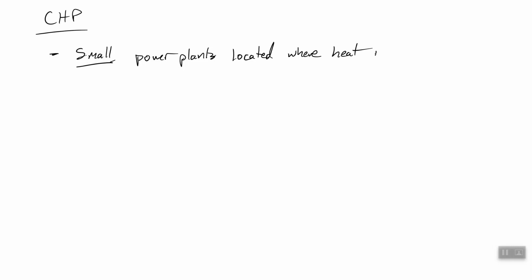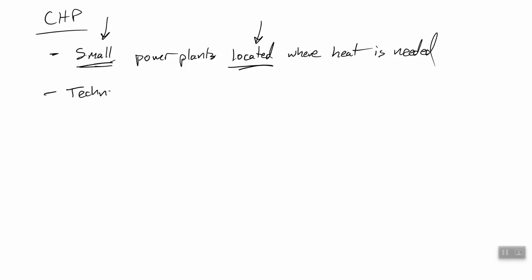So what CHP technology really focuses on is putting small power plants located where heat is needed. So the point of CHP is small plants located in just the right spot.